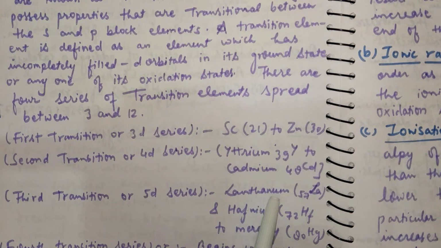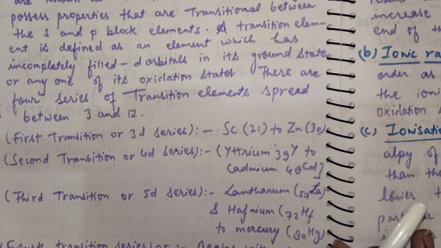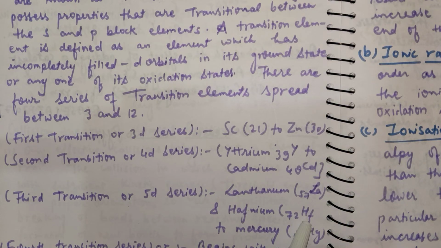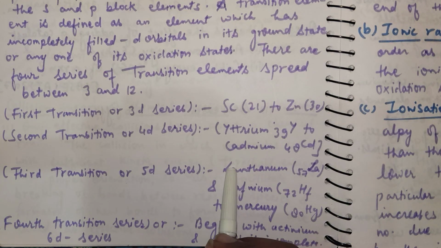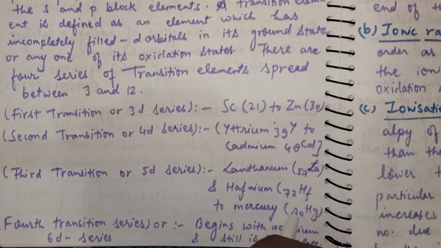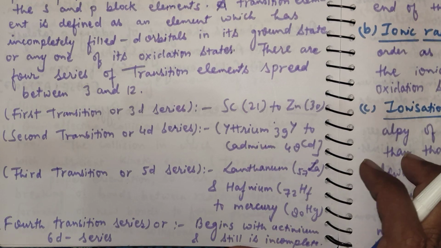The elements start from lanthanum La 57, then hafnium 72 Hf to mercury 80, including lanthanum and the lanthanoids.